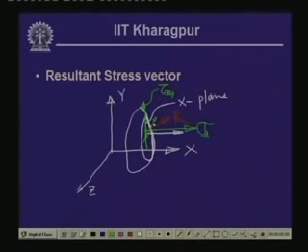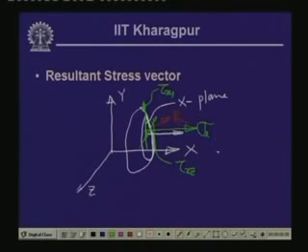The stress acting in the plane x along the z direction, we call tau x z. Thereby, on this particular plane, the x plane, we have 3 stress components: one is normal to the plane and the other 2 are in the plane, in the direction of y and z.